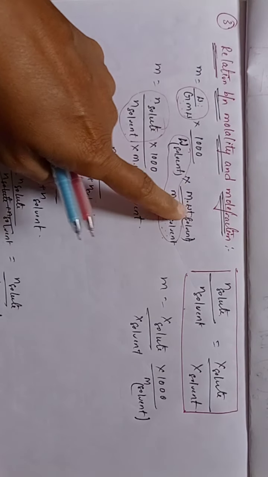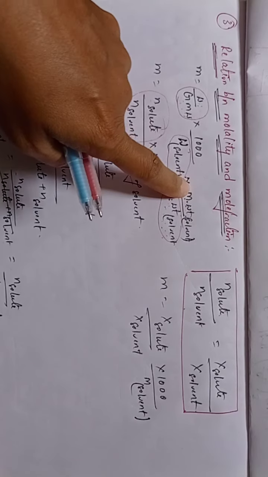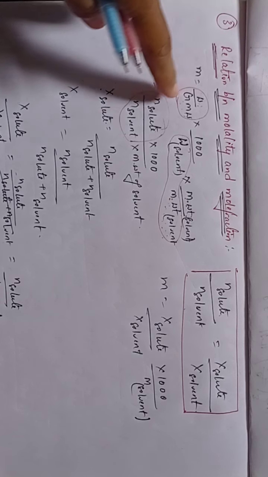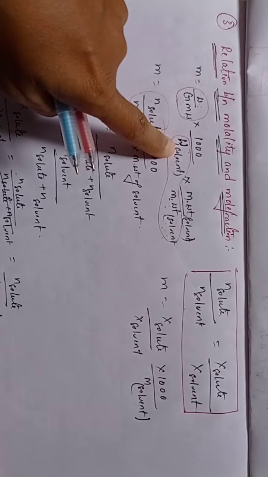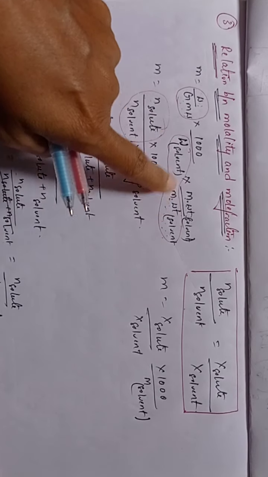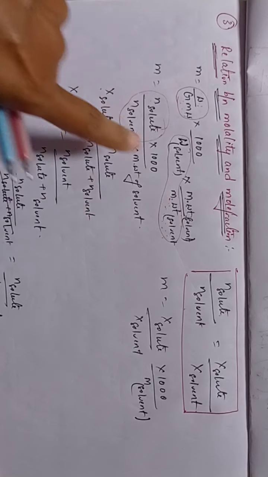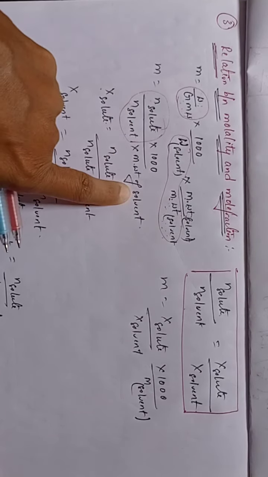So the value will get cancelled and is not changed. So weight of the solute by gram molecular weight of the solute is the number of moles of the solute. And weight of the solvent by molecular weight of the solvent, because it is in the denominator, we can take as number of moles of solvent, into 1000 by molecular weight of the solvent, as it is.